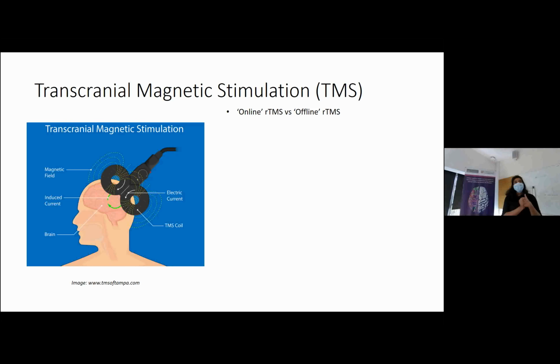So what are the specific advantages and disadvantages of the two methods? If the primary question is to see if a particular brain region is involved causally for creating certain behaviors, then offline-rTMS is an easier way, because then you can just modulate activity in that brain region and see how that affects the task performance downstream. In online rTMS, you could have effects of the TMS itself, which can change task performance during the task.